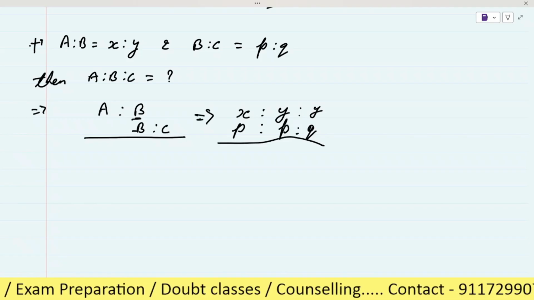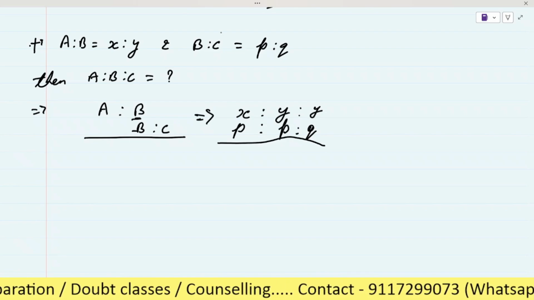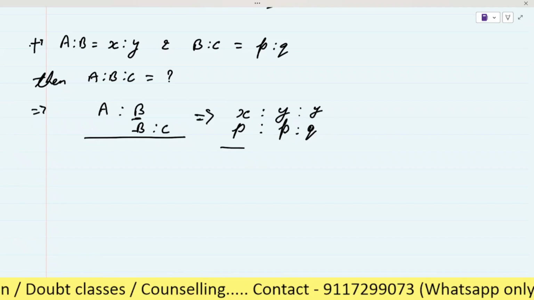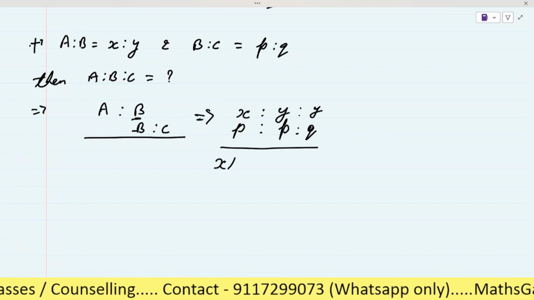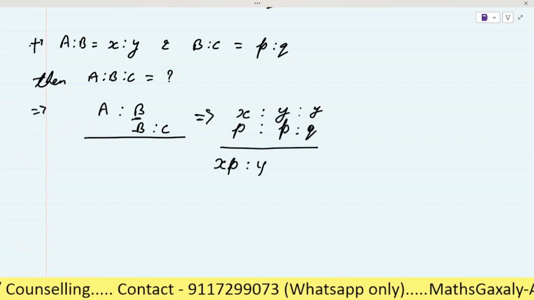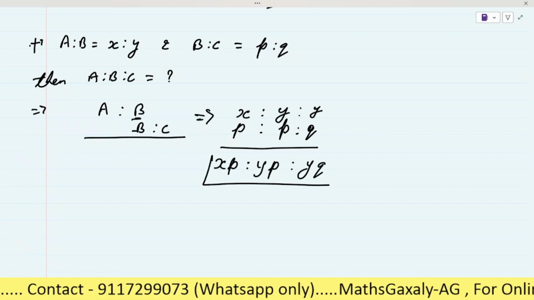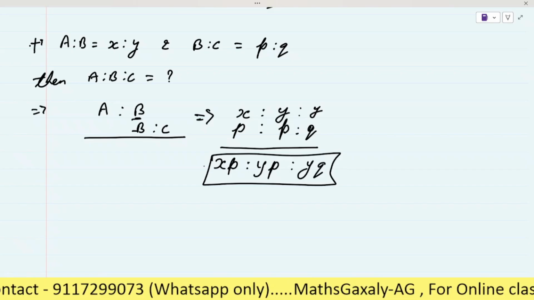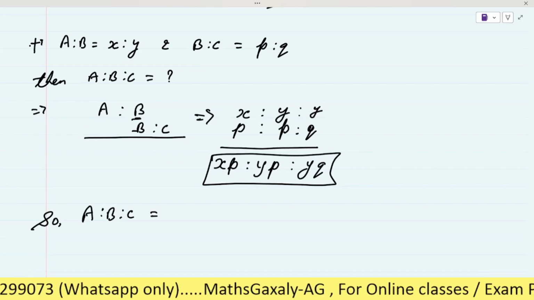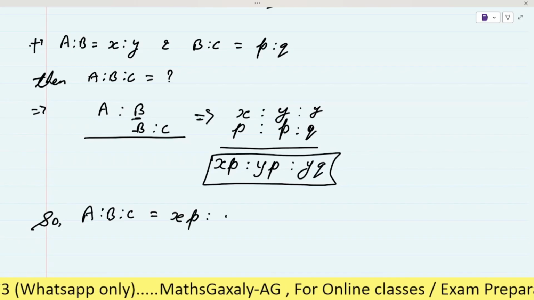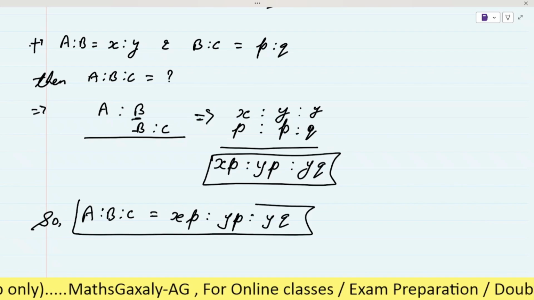Now after this we will multiply. It will be xp, then xp is to yp is to yq. So the value of a is to b is to c will be xp is to yp is to yq. Okay, in this way we will find it.